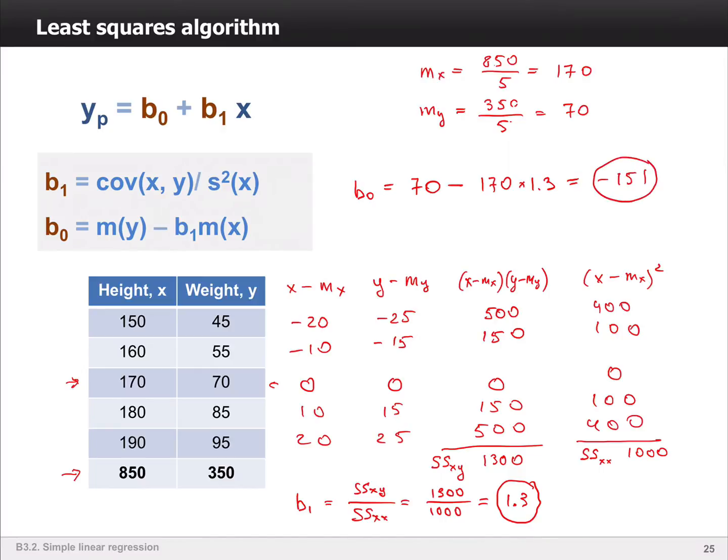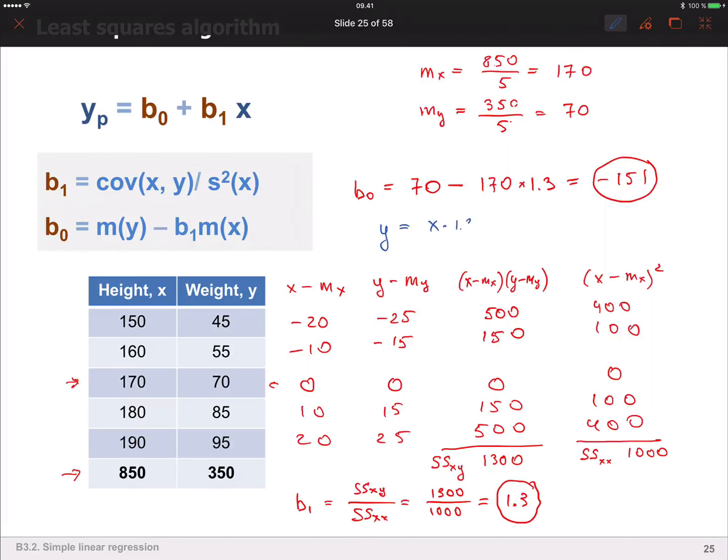Okay. So now we can write the model. Our model says that if you want to calculate a weight, which is y in this case, you need to take height x, multiply by 1.3, and subtract 151.